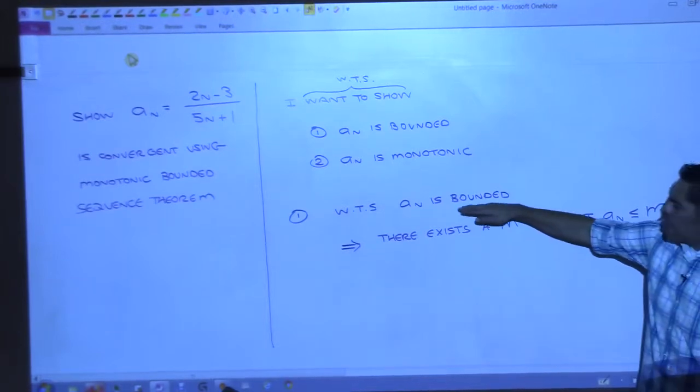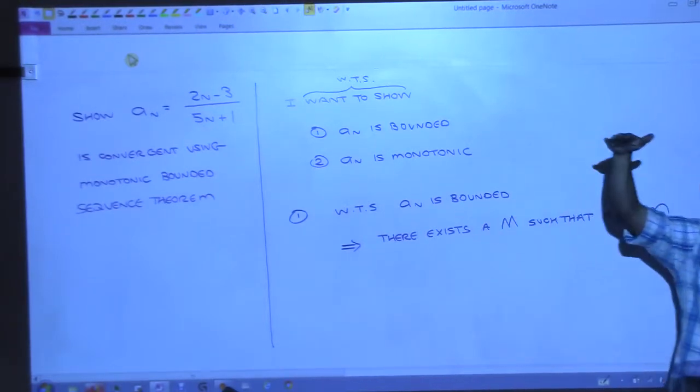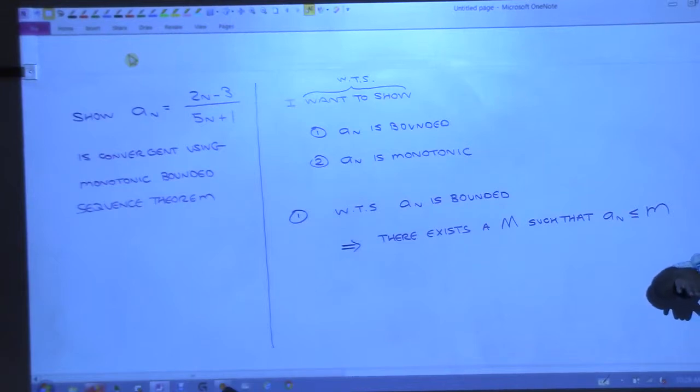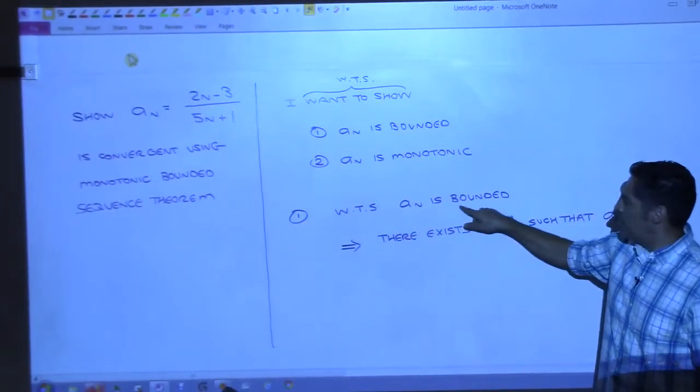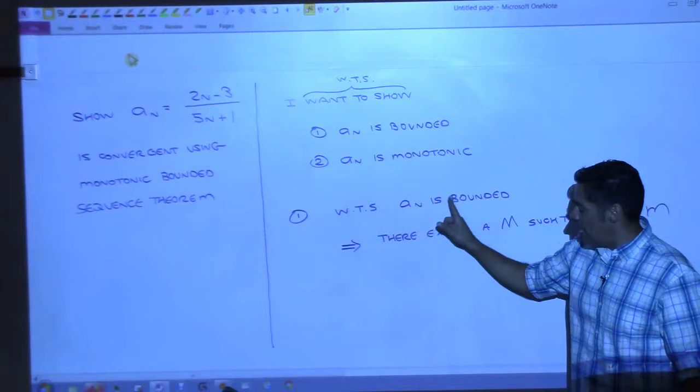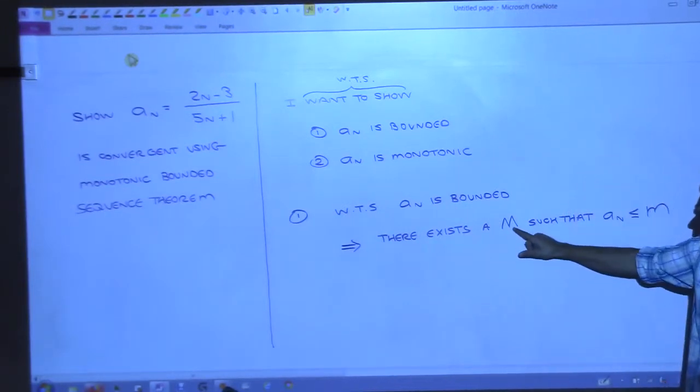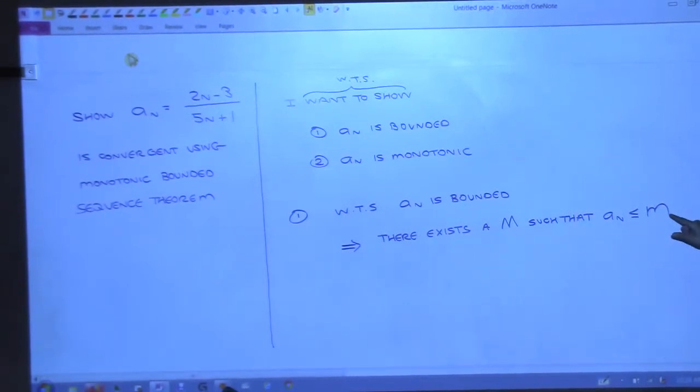So I have to show it's bounded above and below, which means I need to show that there exists some capital M where my sequence is always smaller than that number.